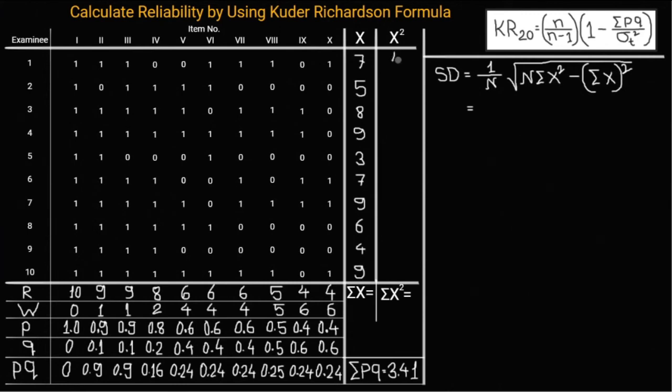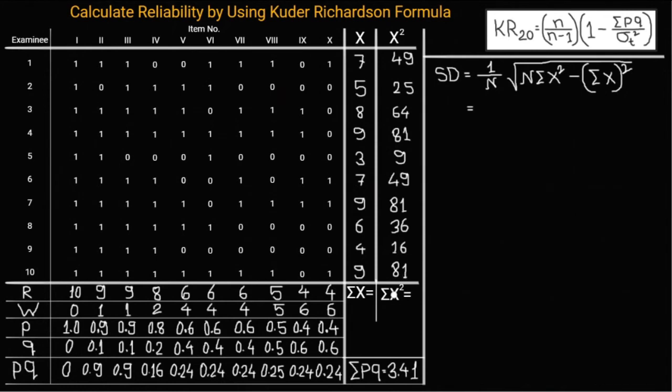In the next column we square the individual scores. Okay, then 49, 25, 64, 81, 9, 49, 81, 36, 16, and 81.